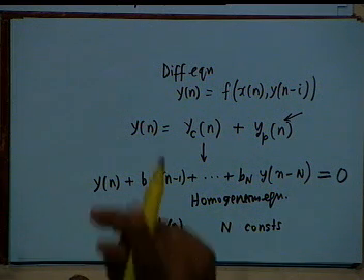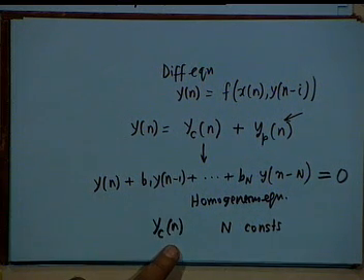This step is extremely important. Initial conditions are called for only after you find the particular solution and add it to the complementary function containing capital N number of unknown constants. Do not evaluate the constants before adding the particular solution.